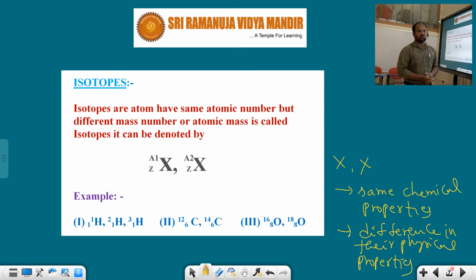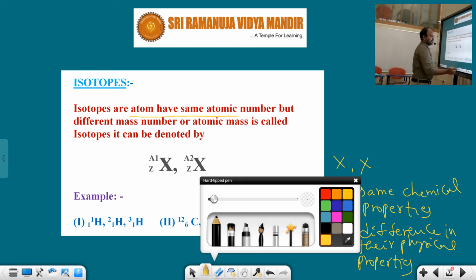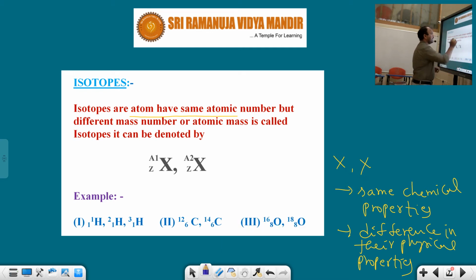Those elements are called isotopes. From the definition point of view, how can we understand this concept? Generally, isotopes are atoms having the same atomic number but different mass number, or mass number is also called atomic mass.